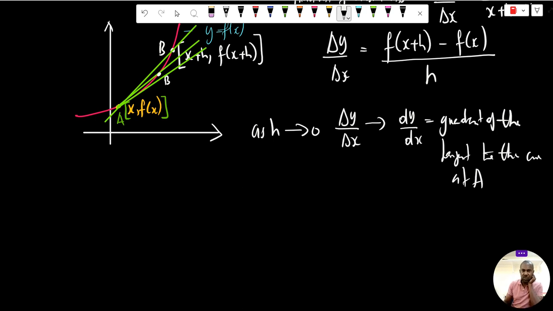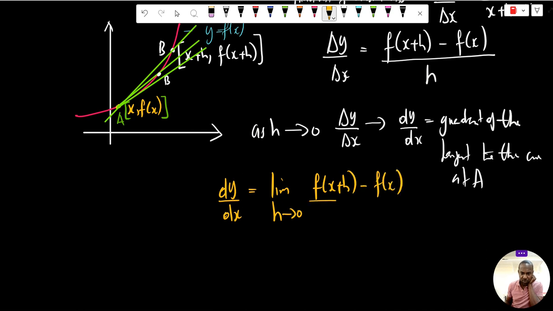And so essentially we will see that this definition of the derivative dy by dx is equal to the limit as h approaches 0 of f of x plus h minus f of x all over h, right?